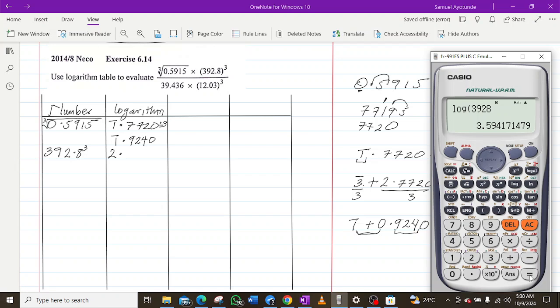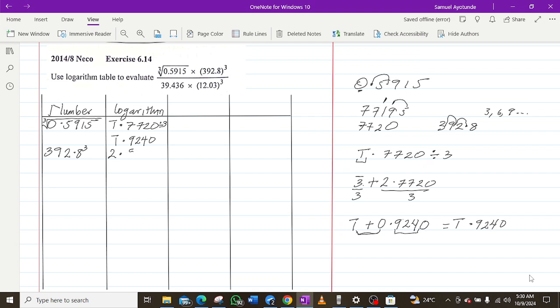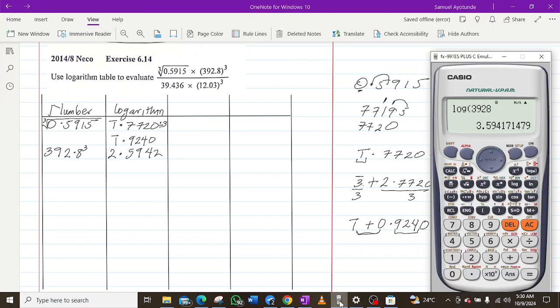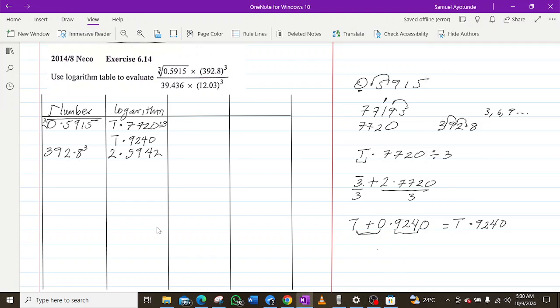The number after that is 7. So 7 will be rounded up, so 5941 will become 5942. So we have 2.5942. So over here we are multiplying by 3 because we have power.